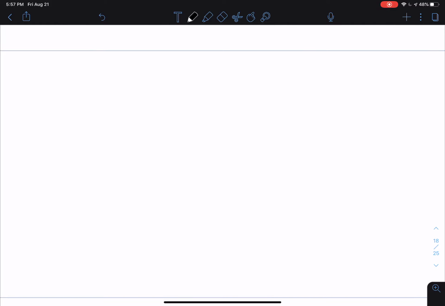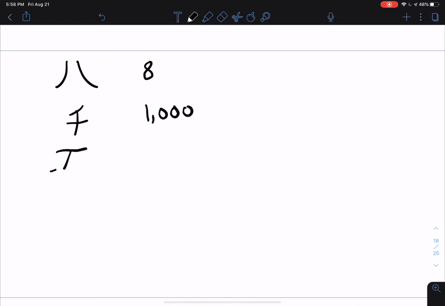Okay, this next one, again, bear with me. I'm going to do my best here. Alright, it's going to look like that. This is actually supposed to be an 8. And then the next one is going to be a 1,000. Then it's supposed to look kind of like that. The next one looks like this.